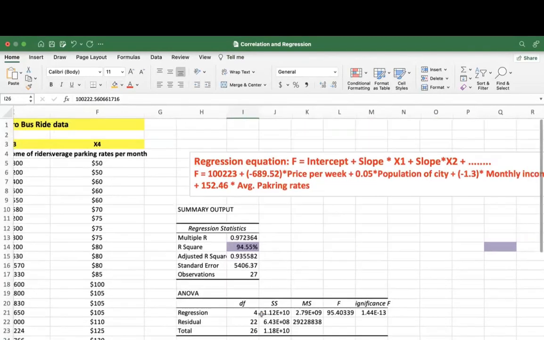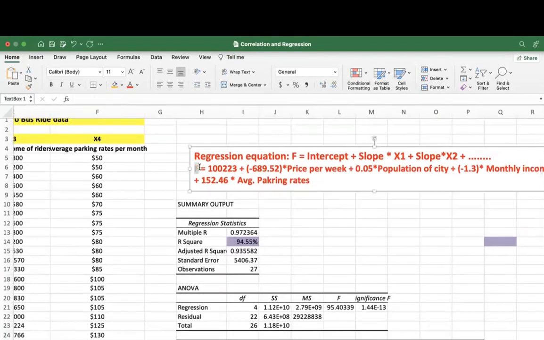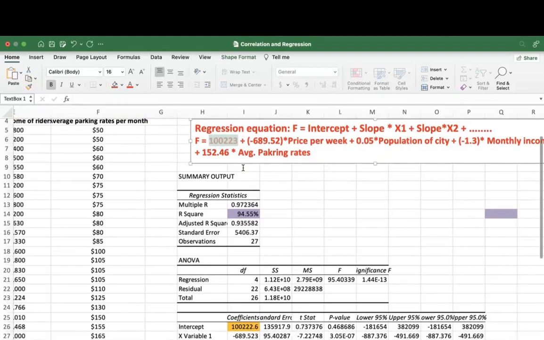So the forecast for number of weekly riders is equal to the intercept, which I take from here, plus the slope of the first variable.